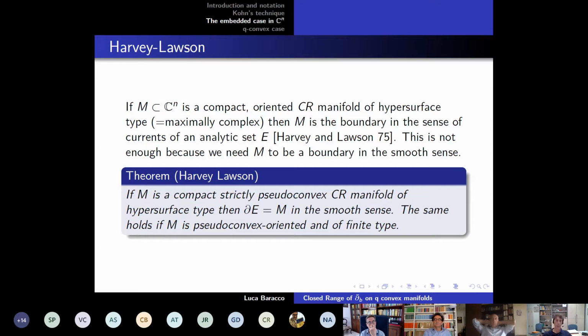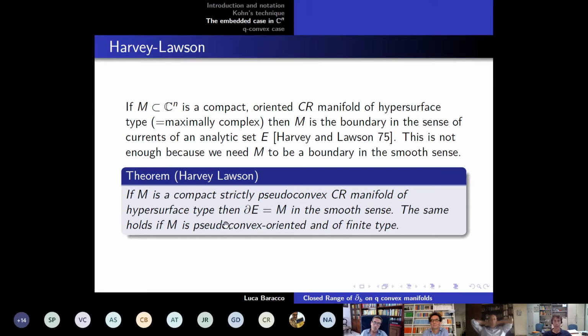But if we add some condition on M, and this was already proved by Harvey and Lawson, if M is a compact, strictly pseudo-convex CR manifold, which means that the Levi form is positive definite, then M is the boundary of the Harvey-Lawson variety in the smooth sense.